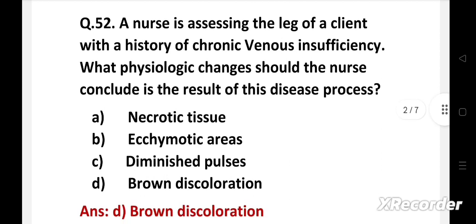Right answer is option D, brown discoloration. The release of iron from hemoglobin as erythrocytes disintegrate in tissue results in ferrous sulfide formation, causing darkening of the tissues.